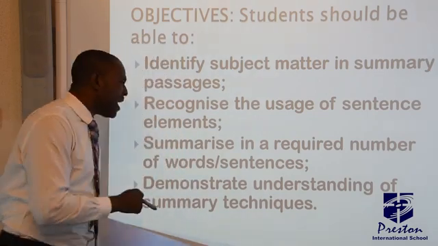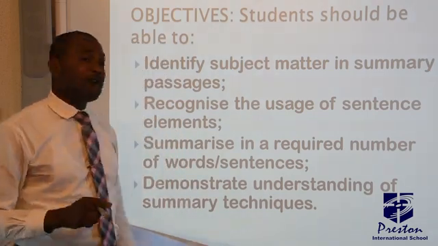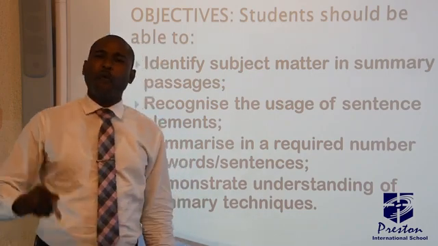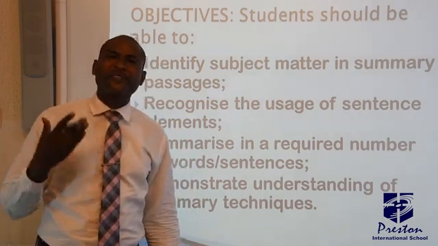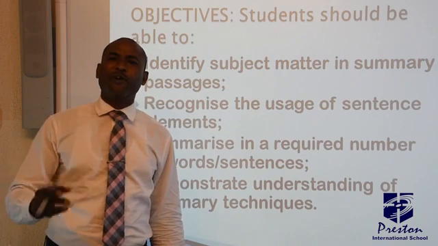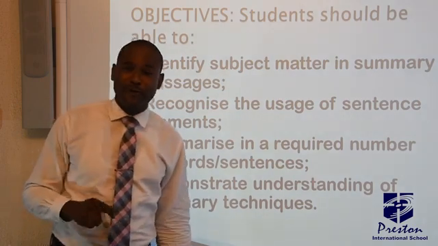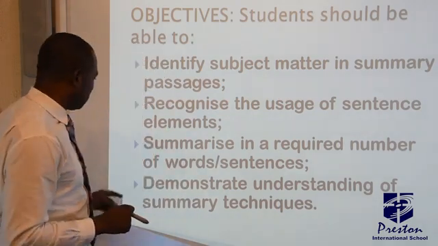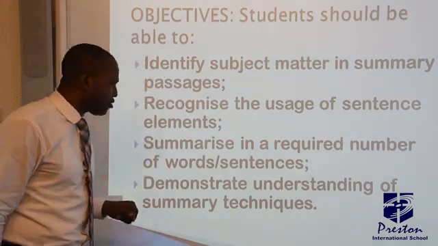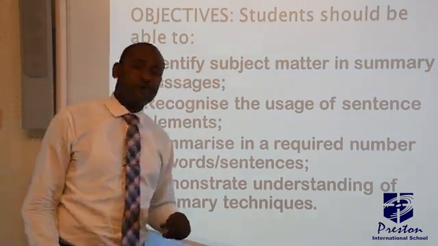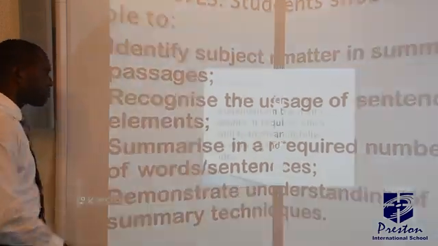We should be able to summarize in a required number of words and sentences. WAEC specifically asks students to write in a required number of words and sentences. Further details will be given to you in our Google Classroom. And lastly, we should be able to demonstrate understanding of summary techniques.